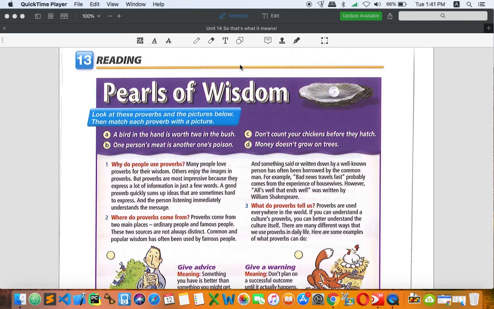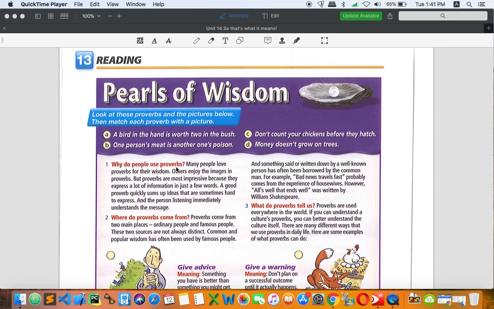When you have this, your idea, your experience, your knowledge is very valuable. And that is the reason we should learn. The more you learn, the more we participate in society, the more we understand people and also the society. And as you can see right here, they focus on proverbs.